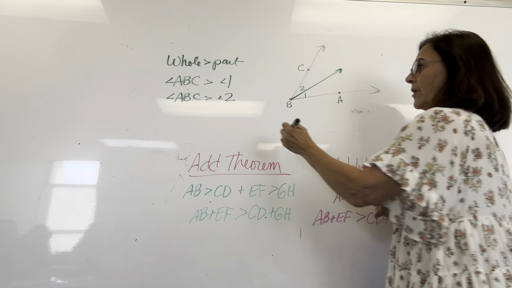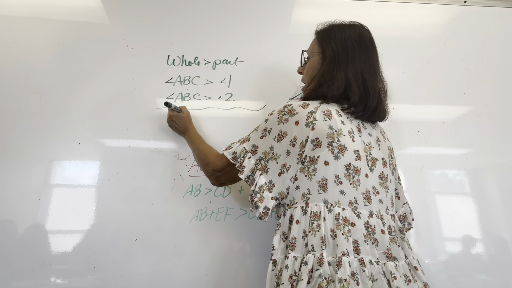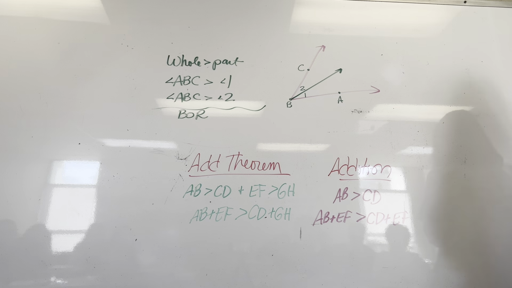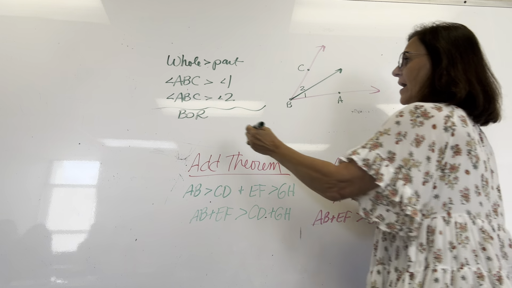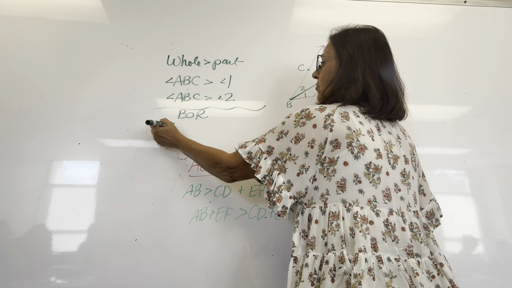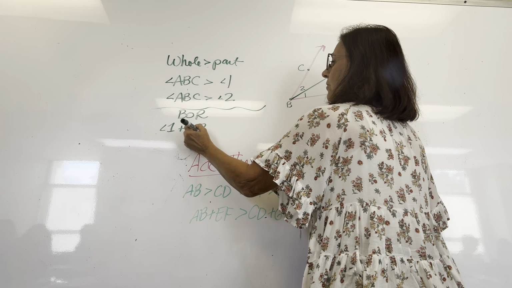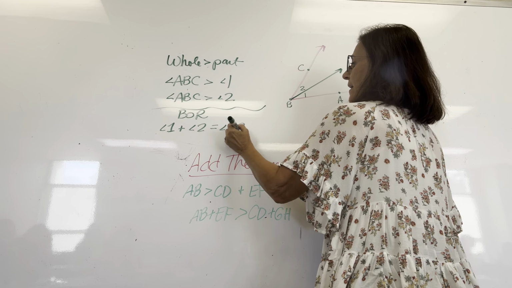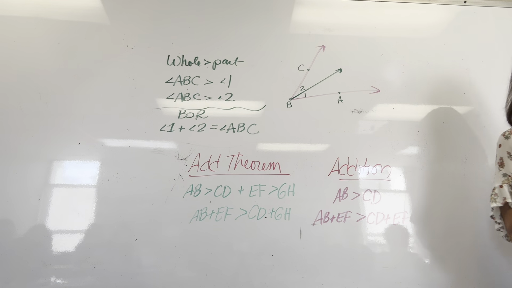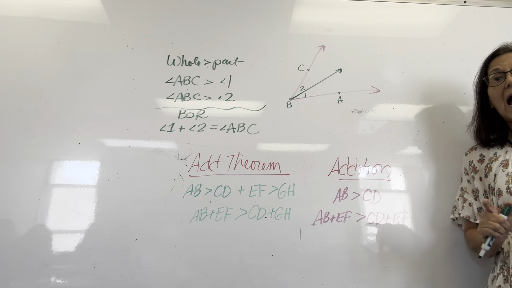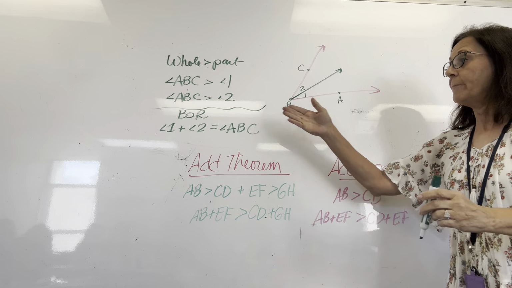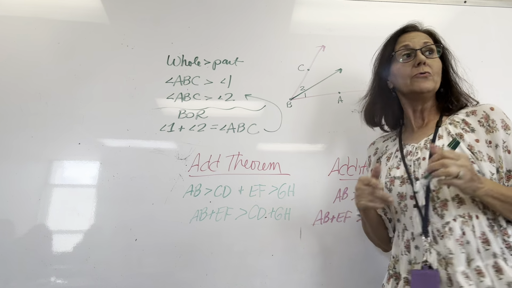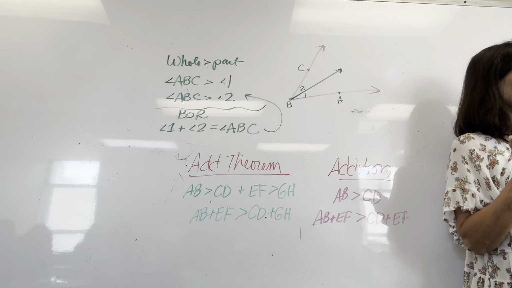That is different from betweenness of rays. Betweenness of rays says angle 1 plus angle 2 equals angle ABC. However, I can go from betweenness of rays to whole greater than a part.